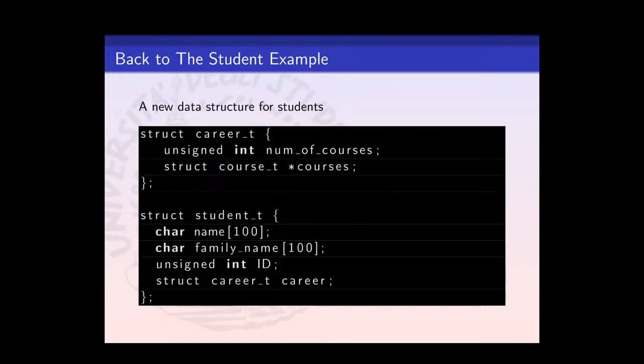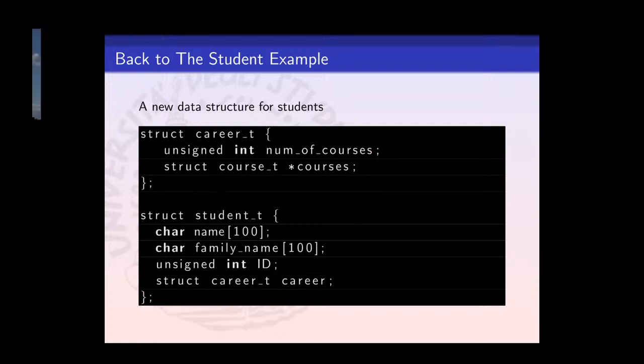Now going back to the student example, we may define a new student in the way you can see on the slides. So a student is actually a specific instance of the struct student_t data type.